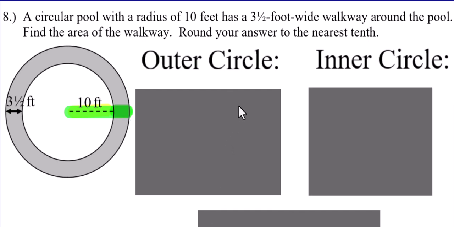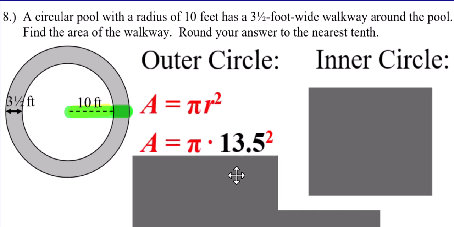And that is 13.5. How do I know? Because the little walkway that goes around is 3.5 foot wide. So 3.5 plus 10 gives you a full radius for the complete circle, the outer circle, of 13.5.